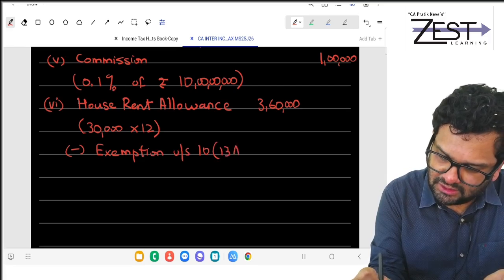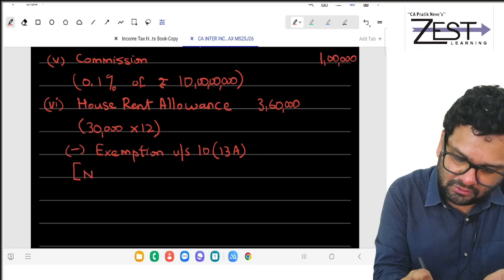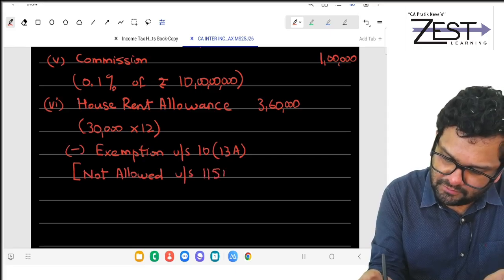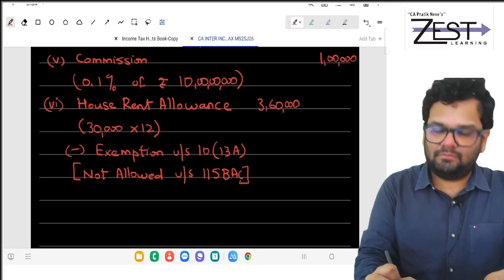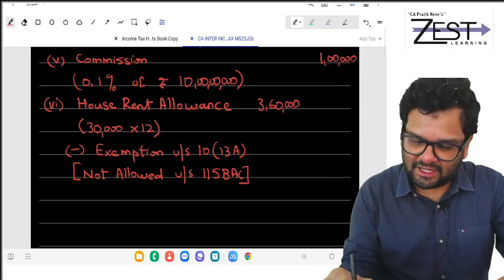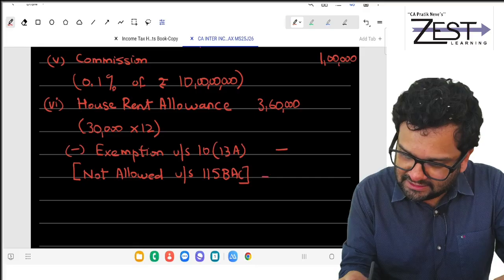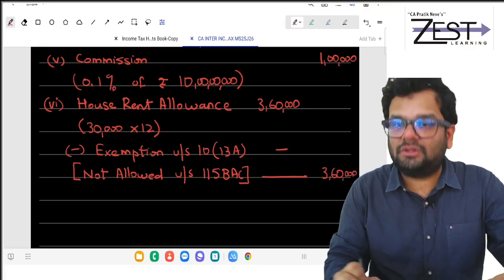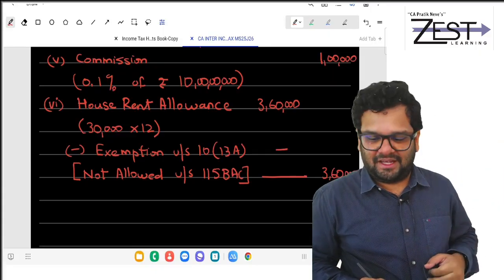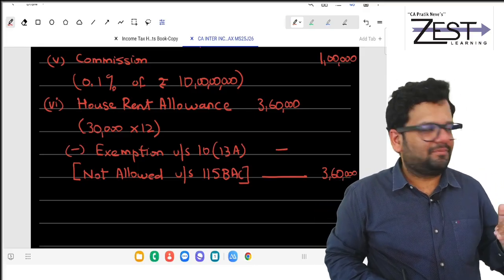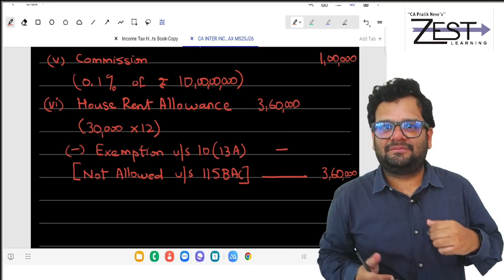Exemption under section 10(13A) not allowed. Why not allowed? Not allowed under section 115 BAC. I hope you got it. So dash. So taxable will be the full 3,60,000. That is the problem in 115 BAC. Tax rates are less, but taxable amounts will be more.